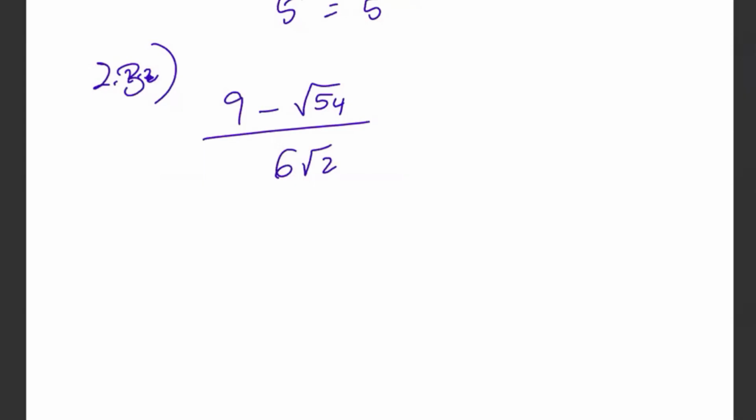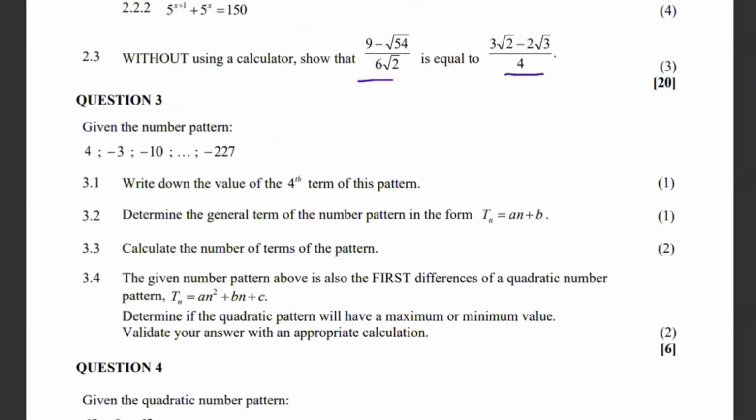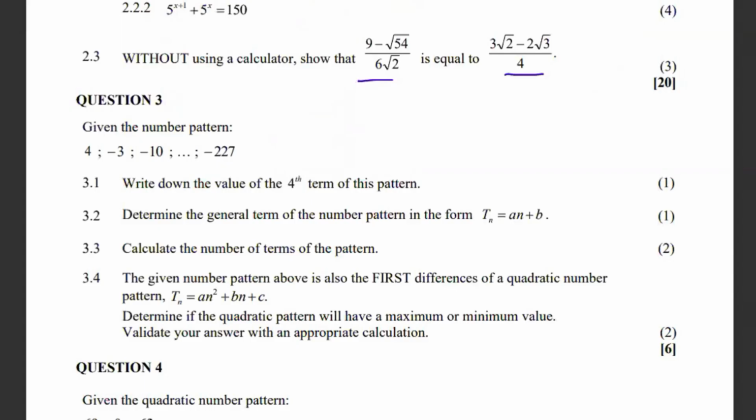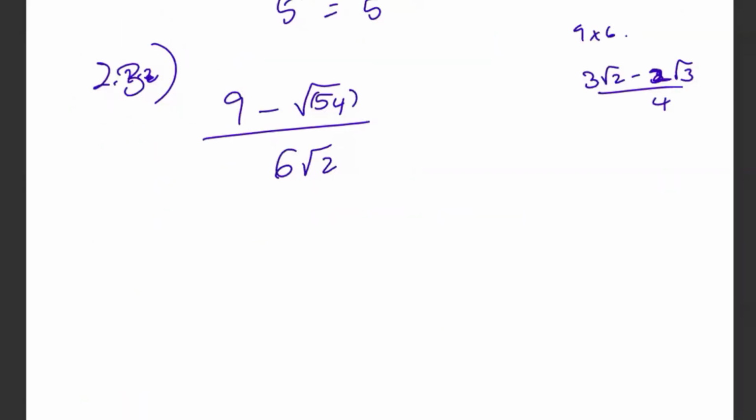So step number one is break down this 54. So we know that 54 can be written as 9 times 6. Now what is the answer looking like? 3 root 2 minus 2 root 3 over 4, something like that.